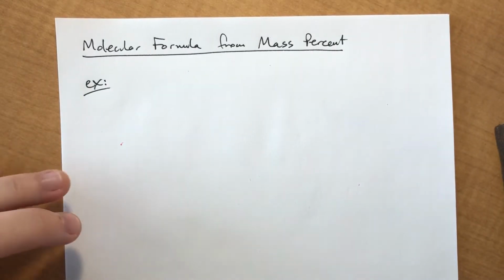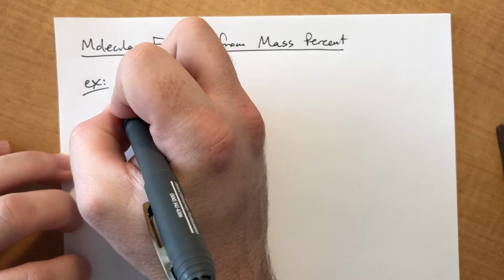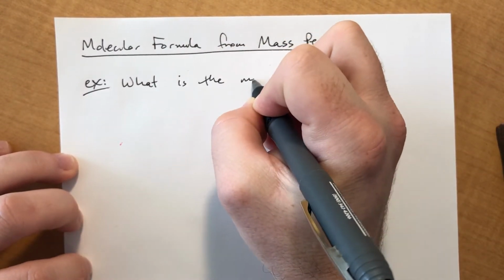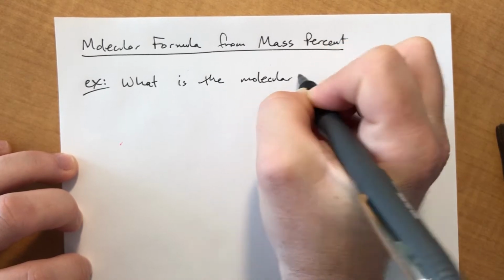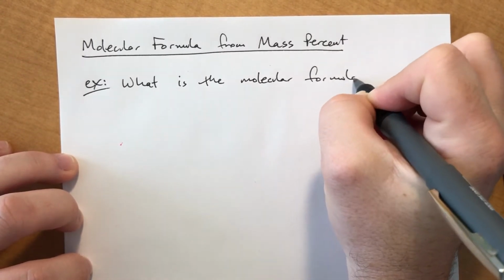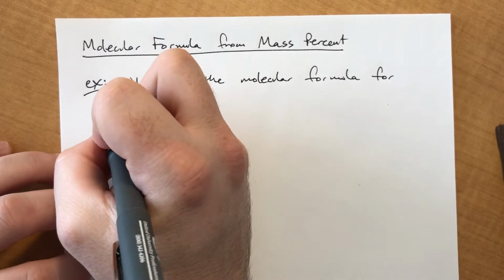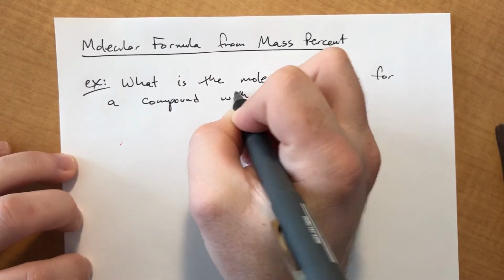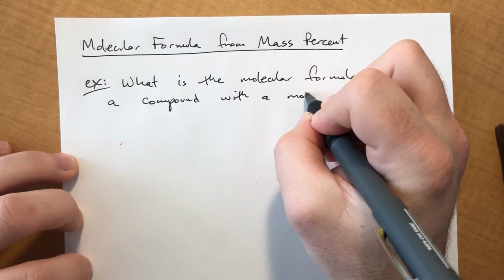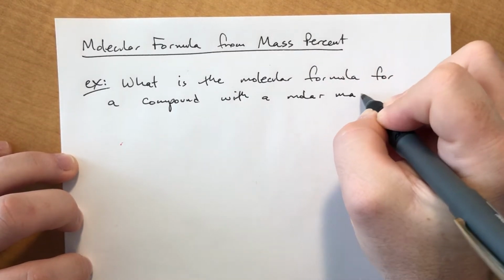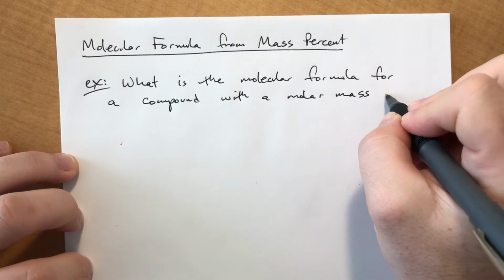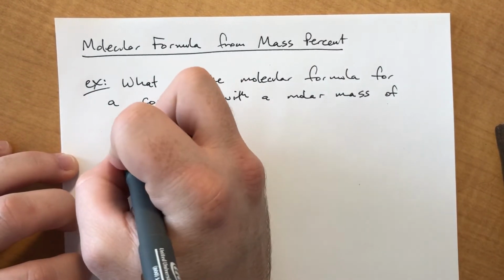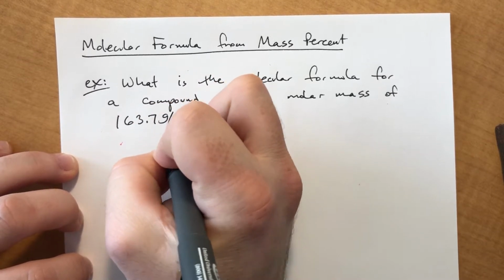What we want to know is, what is the molecular formula for a compound with a molar mass, or molecular weight, or formula weight, I guess, of 163.7 grams per mole.